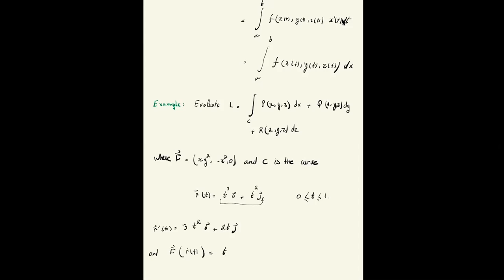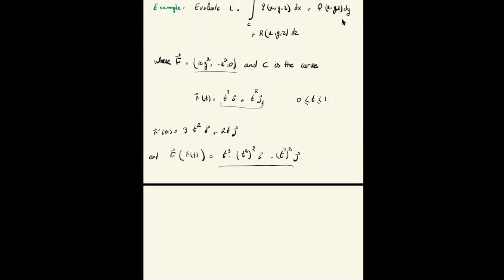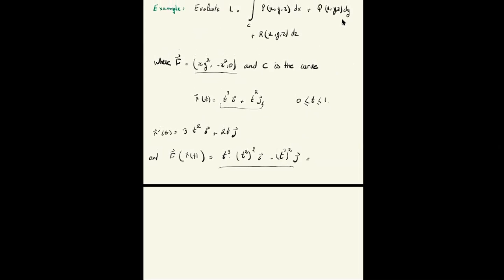So it's t cubed times t squared i minus t cubed squared j. I'm going back and forth between this notation and the notation with i and j. So it's t to the power 7 i minus t to the power 6 j.